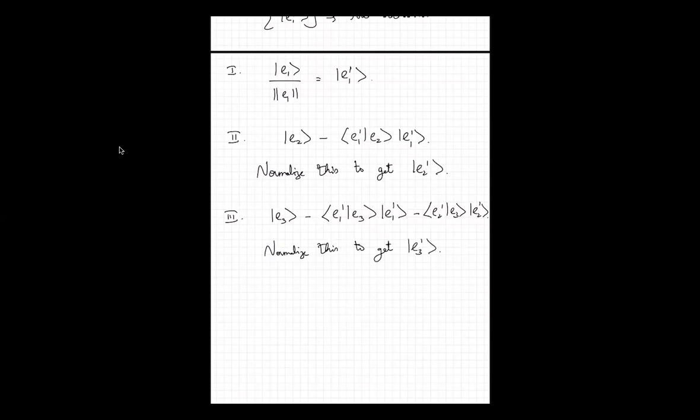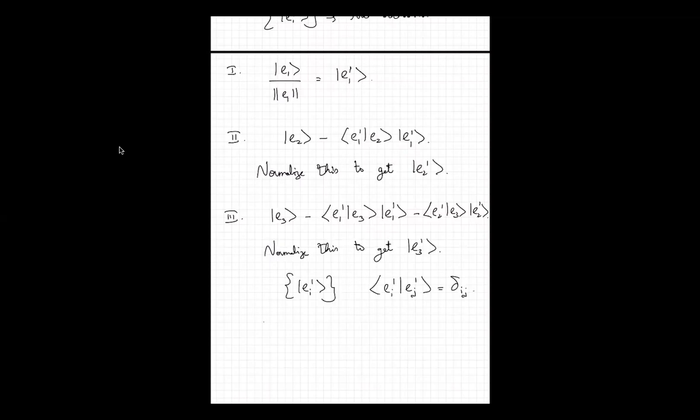Take the fourth vector, subtract off all the components along E1 prime, E2 prime, and E3 prime, and whatever you get normalized, that will give you the fourth vector, and so on and so forth. And in this way, you can construct the set Ei prime such that Ei prime Ej prime equals delta ij. And if Ei prime Ej prime is equal to delta ij, they can serve as basis vectors.